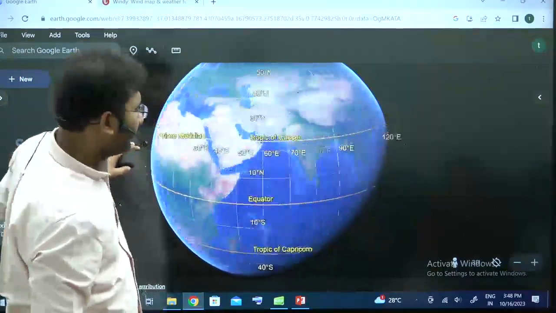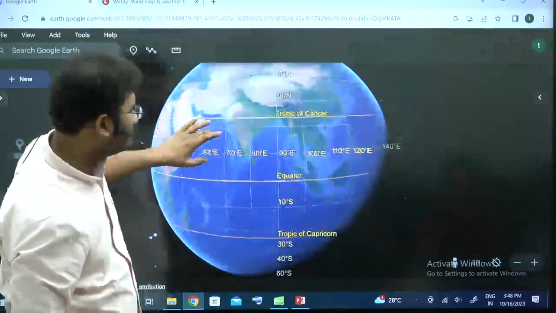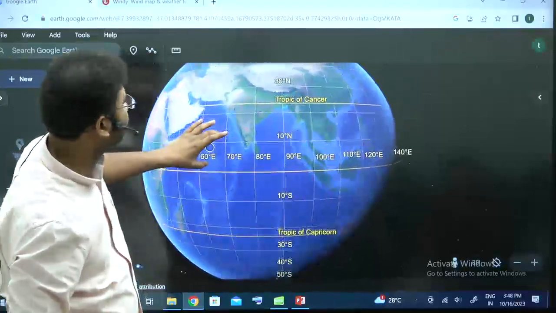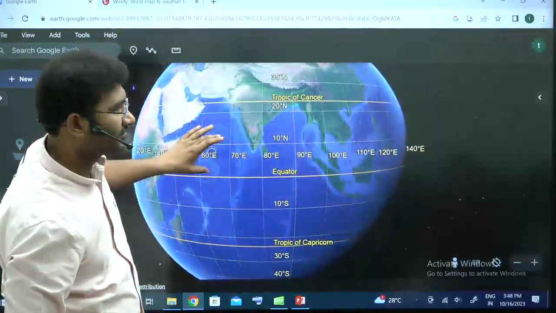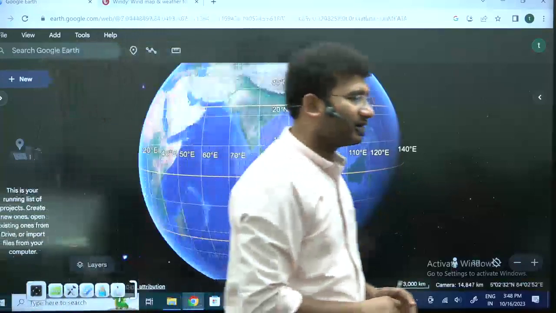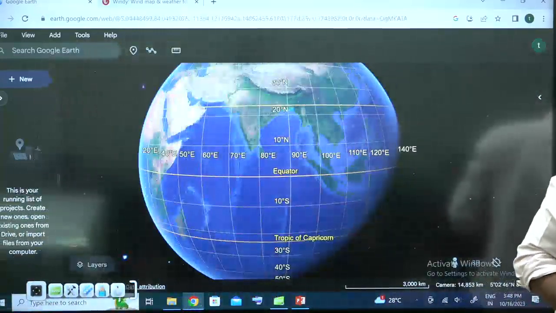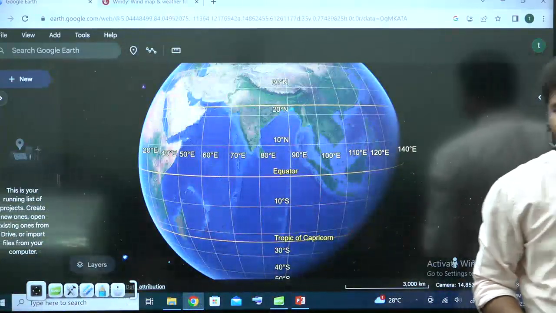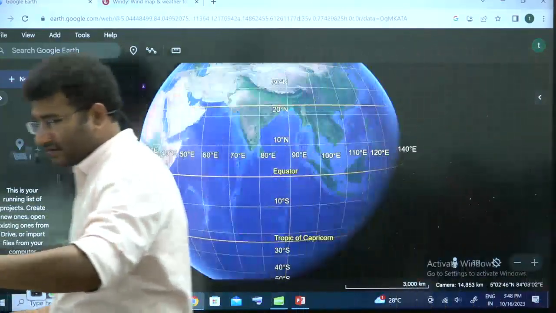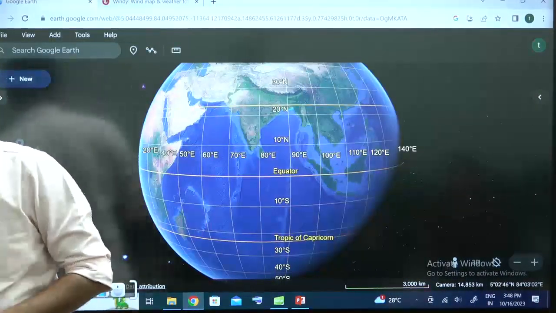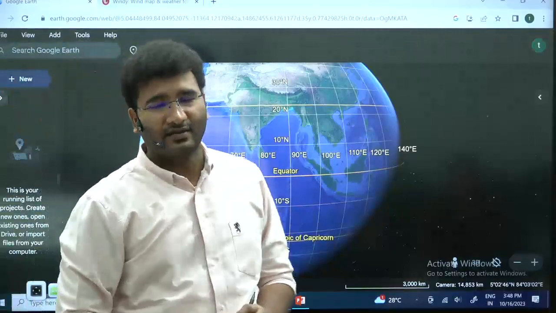So the monsoonal winds that are coming onto India, they come from which hemisphere? Yes, the monsoonal winds that are coming onto India, they are coming from which hemisphere? Yes, summer monsoon.